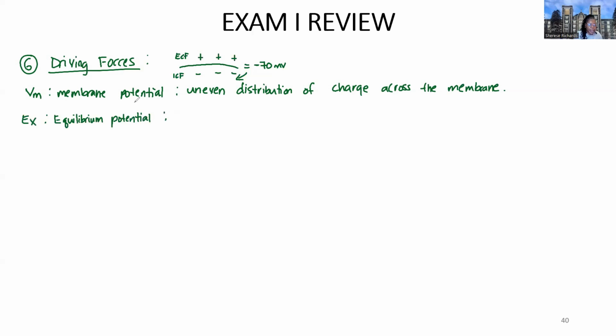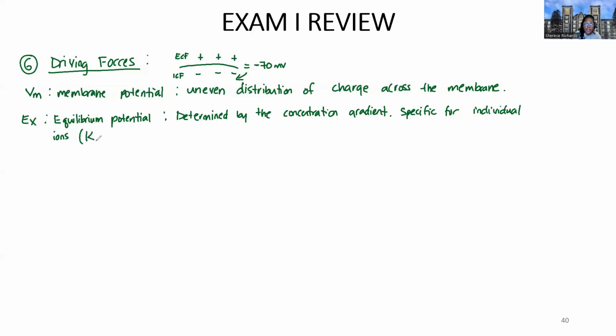And this is described as, first of all, determined by the concentration gradient. Okay. It is also going to be specific for individual ions. We so far have mentioned the specific value for potassium.